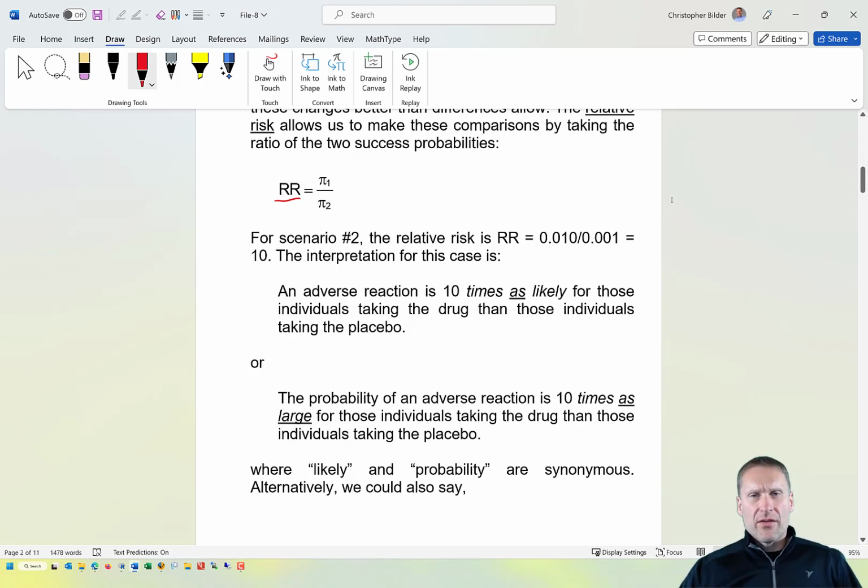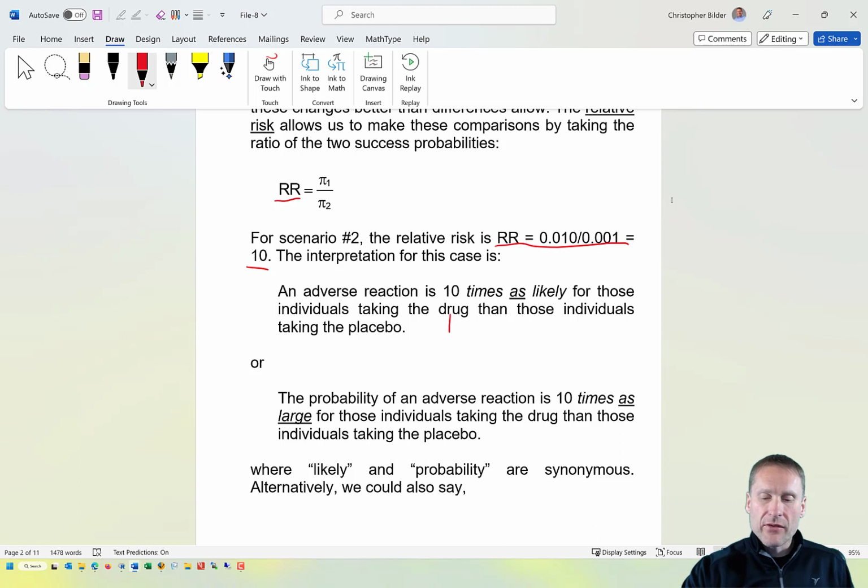Think of these interpretations as templates for your own interpretations. So in that second scenario, where the relative risk was equal to 10, here's a standard interpretation. An adverse reaction is 10 times as likely for those individuals taking the drug than those individuals taking the placebo.